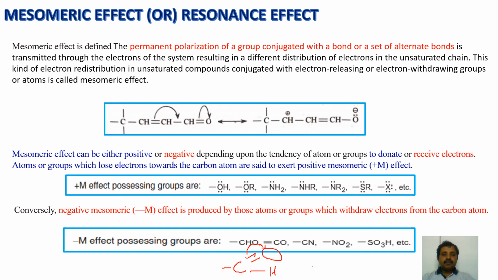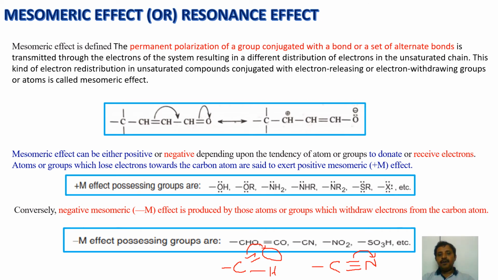And in the case of the cyanide nitrile species, the carbon and nitrogen have a triple bond. Whenever a double bond or triple bond undergoes cleavage, the pi bond undergoes cleavage, and the electronic movement is towards the highly electronegative atom. This type of group attracts the double bond towards itself. So it shows a negative mesomeric effect.